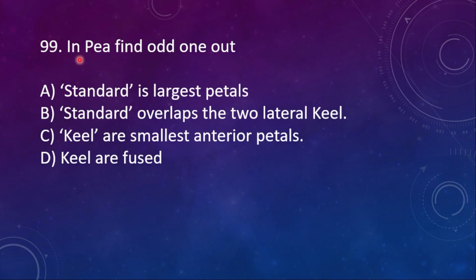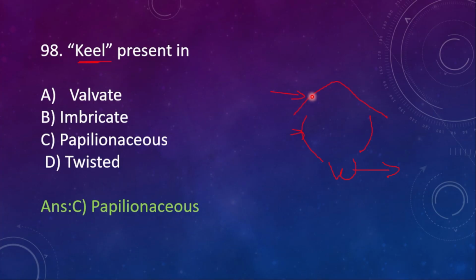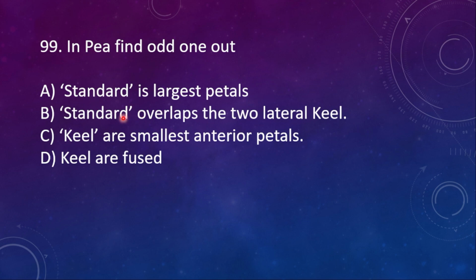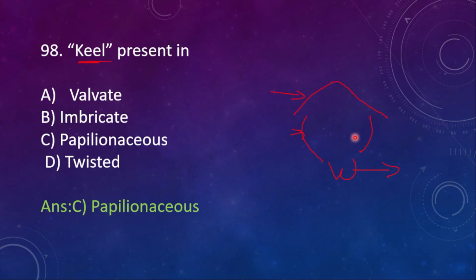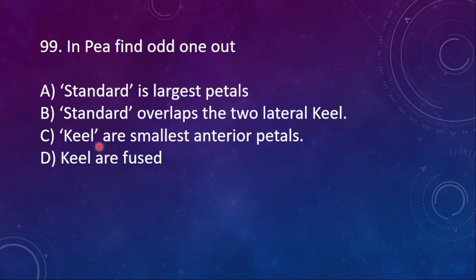Next, 99. In pea, find the odd one out. A, standard is the largest petal. Just now I said A is the standard. Yes, the standard petal is called the largest petal. B, standard overlaps the two lateral keels. They are not lateral, isn't it? Wings are lateral. C, keels are the smallest anterior petals.